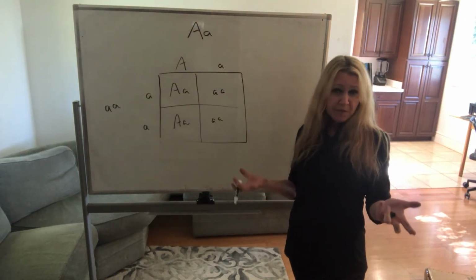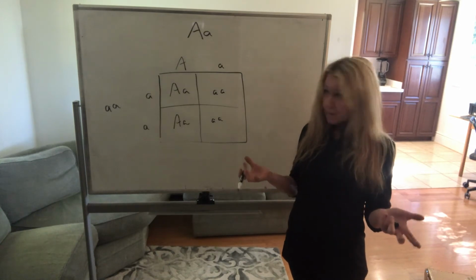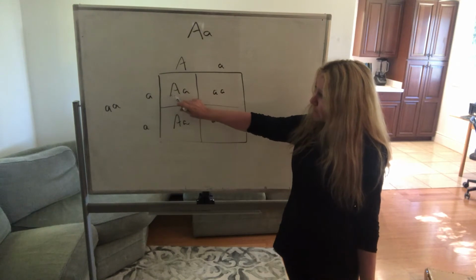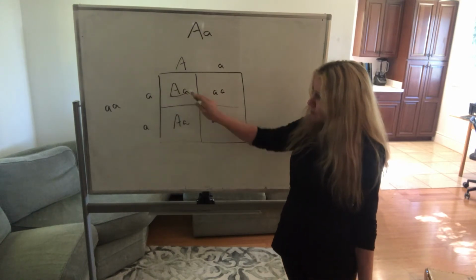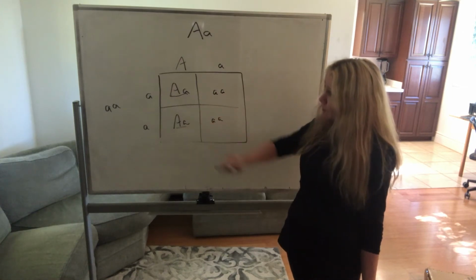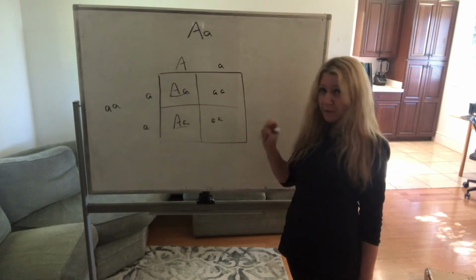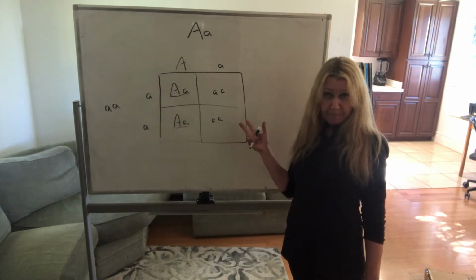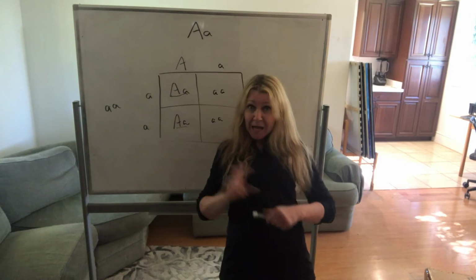I could say, what percent of the offspring are going to be heterozygous? Well, hetero means different, remember? So big A, little a, that's different. That's a heterozygote. So 50% of the offspring are heterozygote and 50% homozygote.